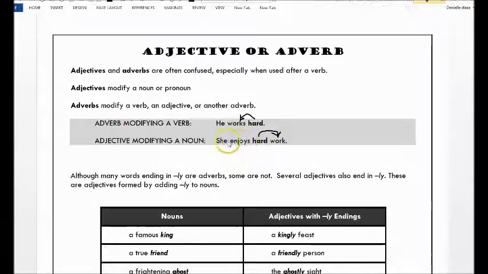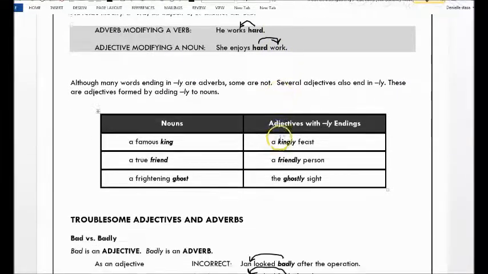Enjoys is our verb. Work is a noun. Hard is modifying work. The type of work she enjoys is hard work. So it's an adjective. Exact same word, in one sentence an adverb, in one sentence used as an adjective. So you really do need to be able to tell what part of speech the word they're modifying is.